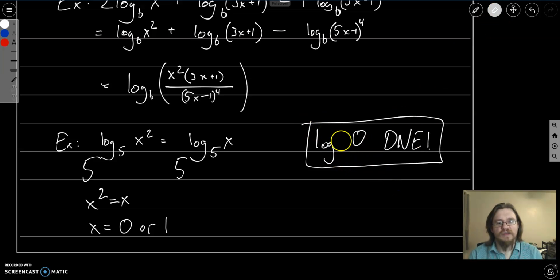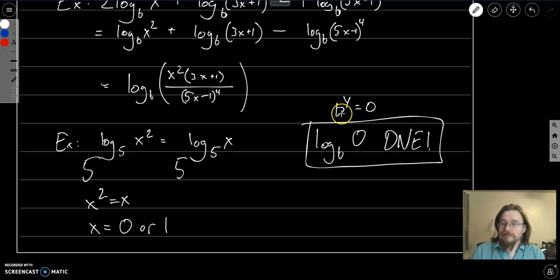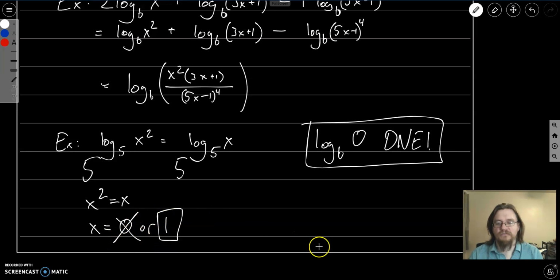In fact, the log base anything of 0 does not exist, because if I'm searching for something where I take b to the y power and I get 0, I can't do it. If I take b to any power, I have to get a positive number. So b to the y can never be equal to 0. This one is not a solution, and my only solution is 1.